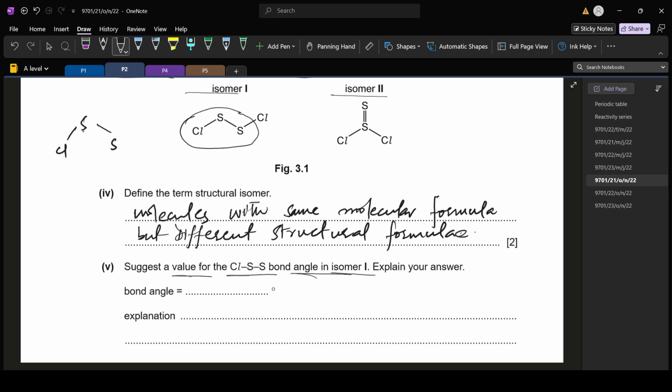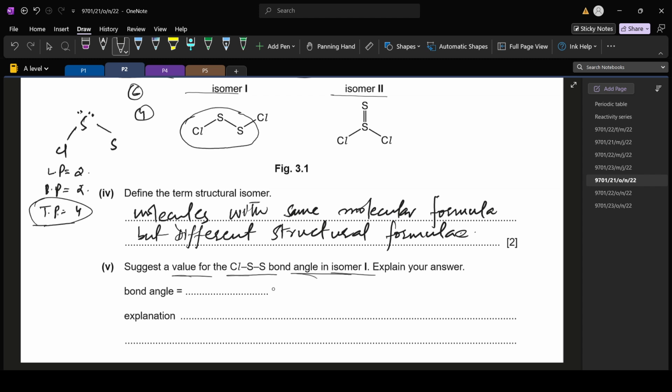Sulfur is in group 6 of the periodic table, so it will have 6 electrons in its outer shell, and 2 of the electrons are bonding, so the remaining 4 will be in the form of lone pairs. So you have 2 lone pairs and 2 bond pairs, in total 4 pairs.